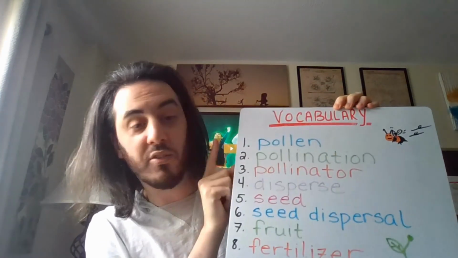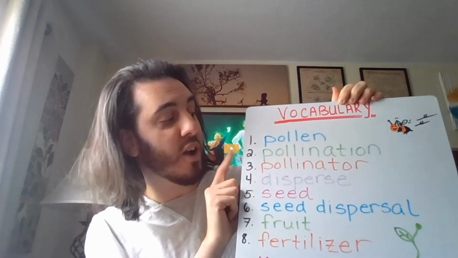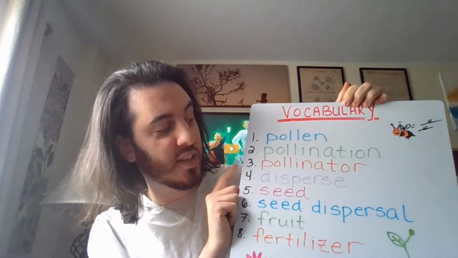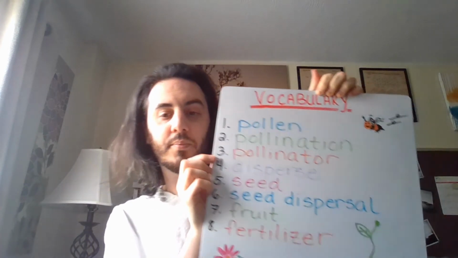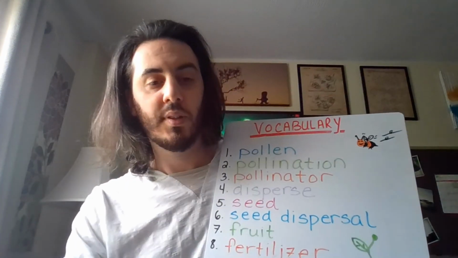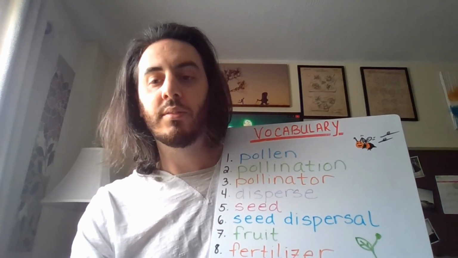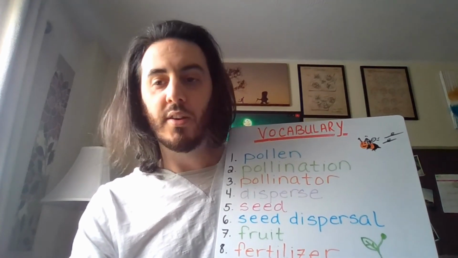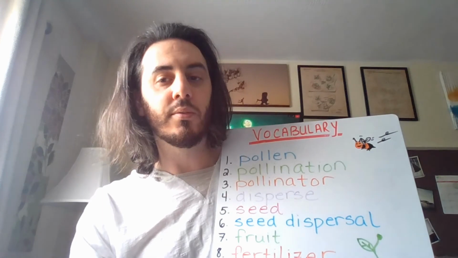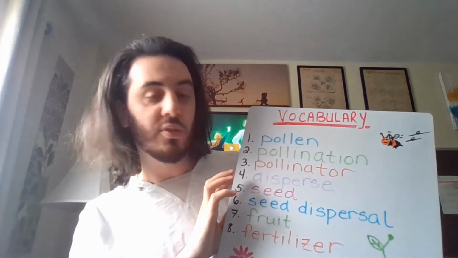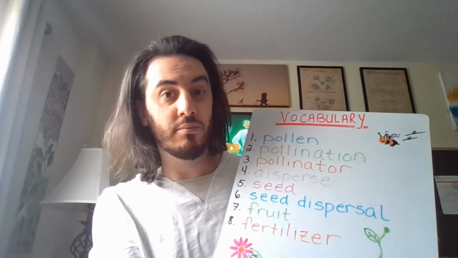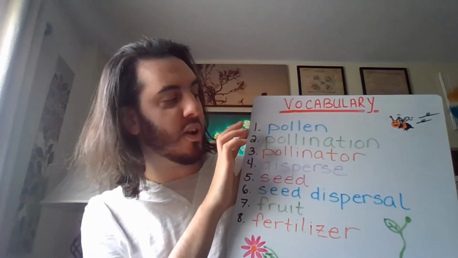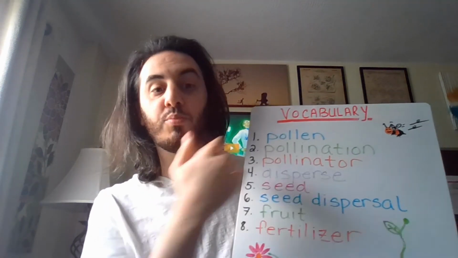So we have the powdery substance, the process, and the person that causes that process. So we're going to talk about our next word, and our next word is dispersal. Dispersal just means to spread around. So the process of pollination is the spread around.